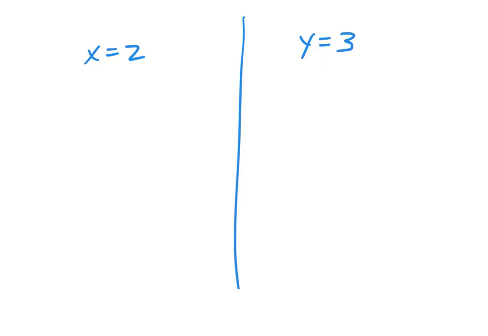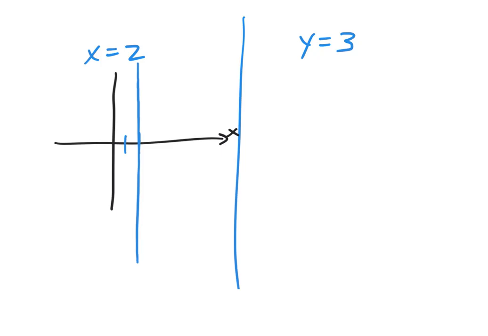X equals 2. Well, when I graph x equals 2, we know this is my x-axis. We're going to go over 2. And all that means is that it's going to cross the x-axis at 2. So it's a vertical line.